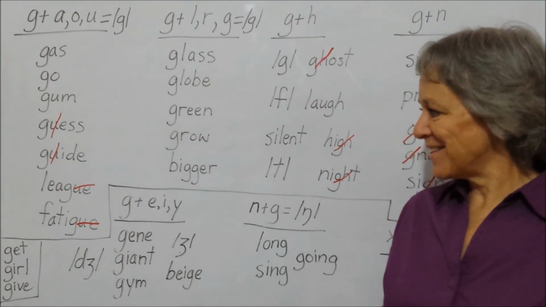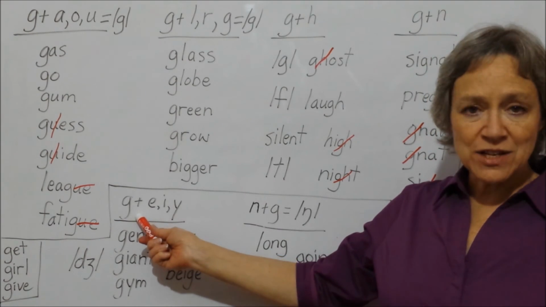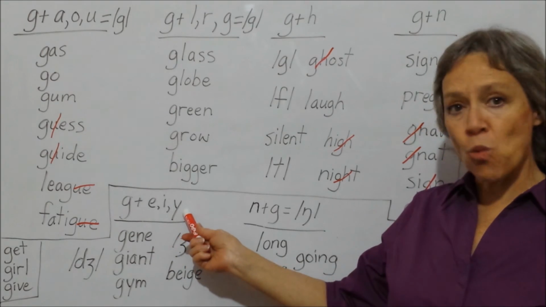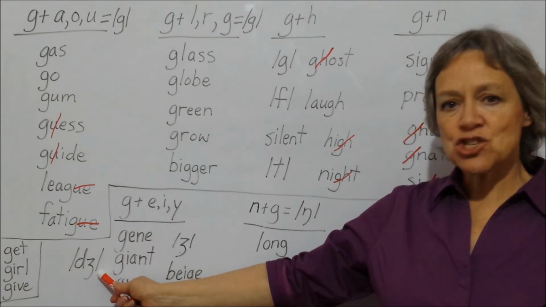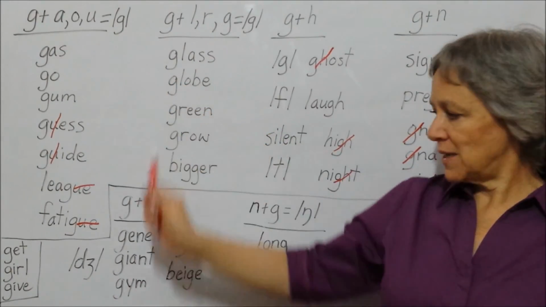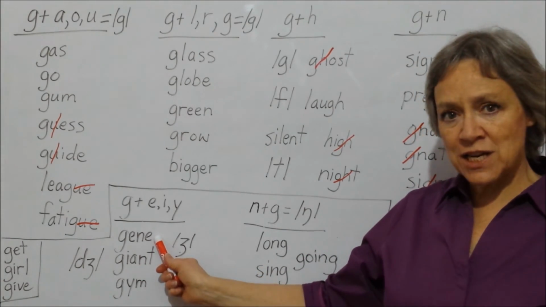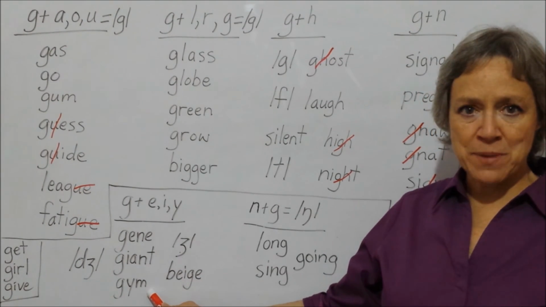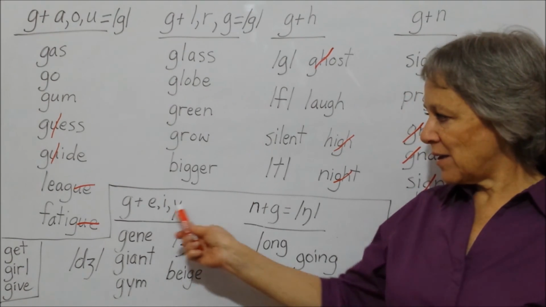Back to this side. I showed you that in many words where we have G followed by E, I, or Y, the G sounds like J. Okay, it does not sound like G. It's a soft G, it sounds like J, as in Jean, giant, and Jim. I did forget to tell you, so I'll add it here.